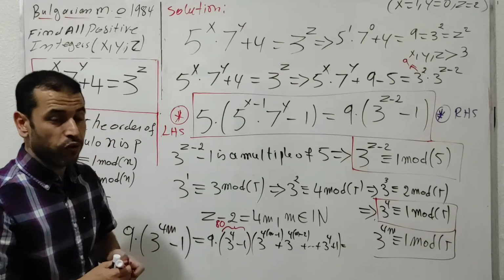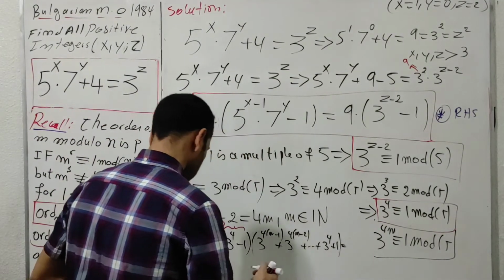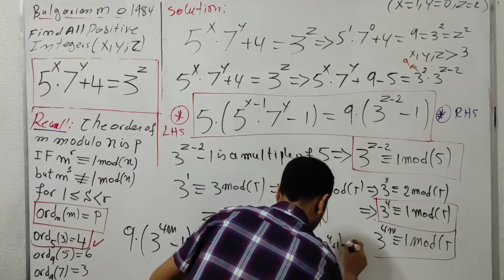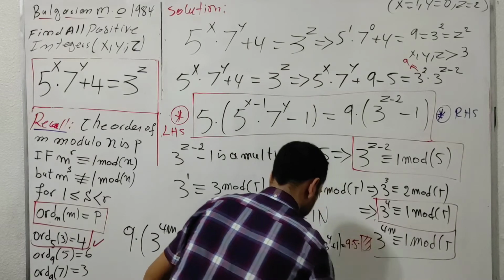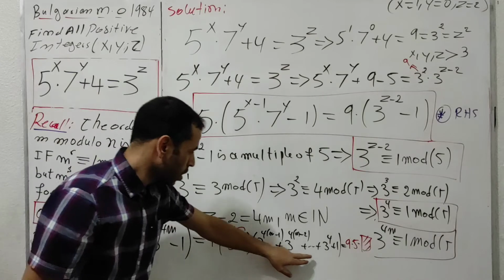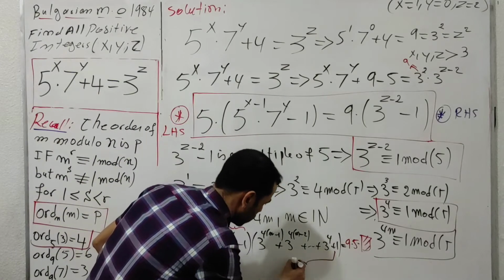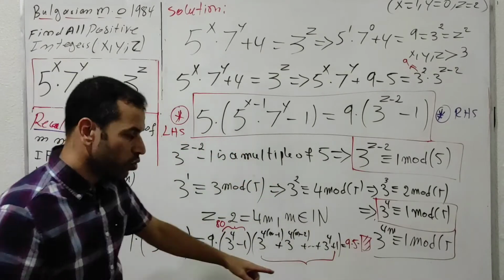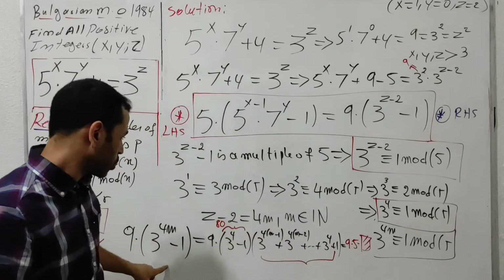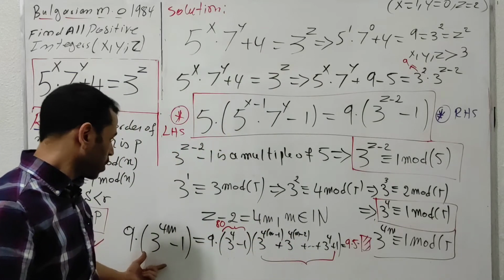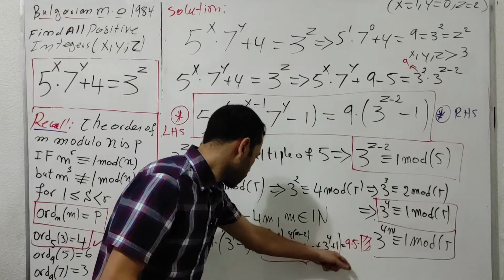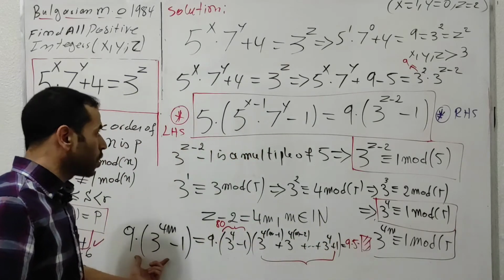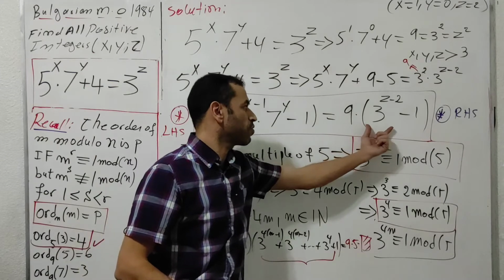80 is a multiple of 5. I can rewrite this one as 9 multiplied by 5 multiplied by this box, by which I mean this term. If you take a look carefully, this expression equals this term, 9 multiplied by 5. That means this term is the same thing as the right hand side of this equation.